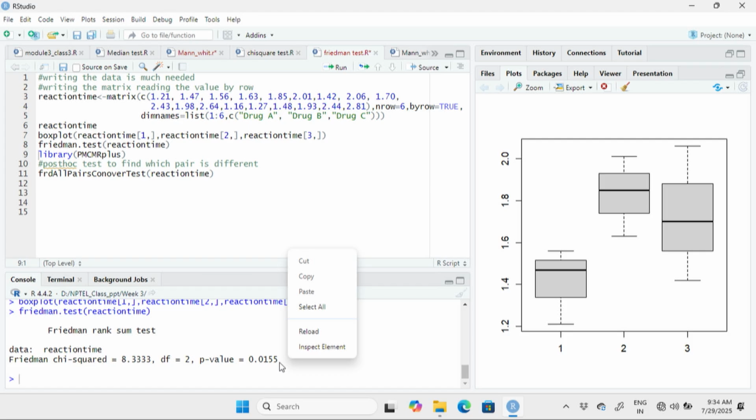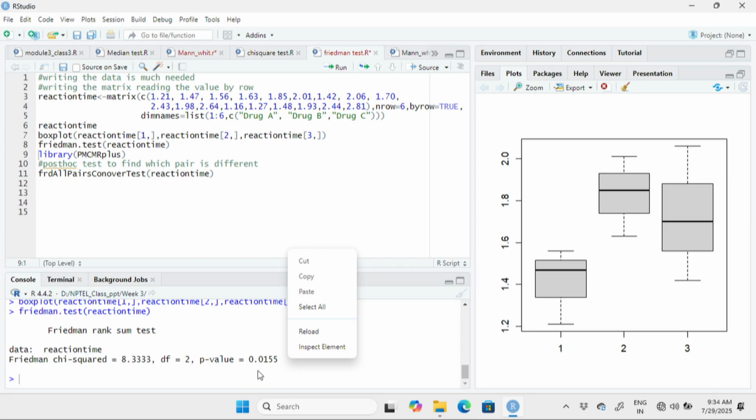So if you fix your alpha as 0.05, then the p-value is quite less with respect to 0.05. Clear? And since the p-value is less than alpha, we can reject the null hypothesis, and that's exactly what we received while doing the same problem by manual exercise.